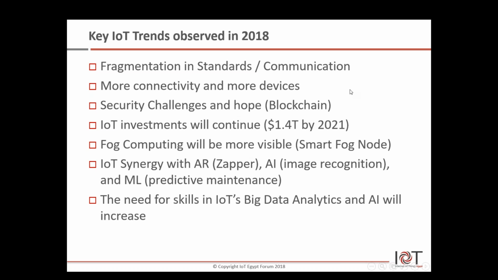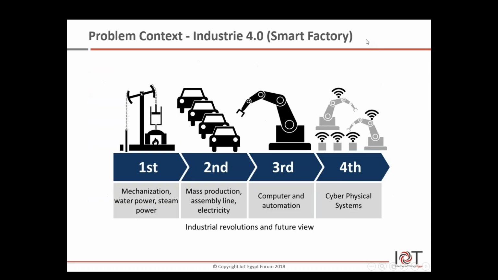It's coming on. So let's start with the problem context. What's the problem we are trying to solve? We are targeting to build a solution or a framework for what we call Industry 4, or Smart Factory. So what's Industry 4? Industry 4 is a name given to the current trend of automation and data exchange in manufacturing technologies.